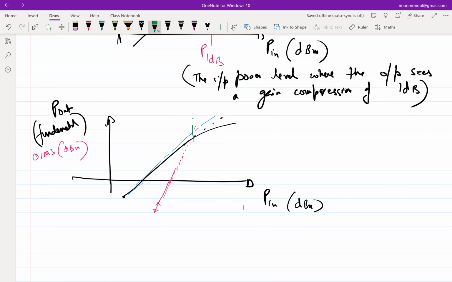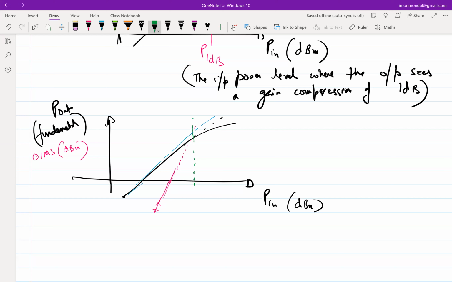Let's say they meet at this point, some extrapolated value of P in. Now, does this intercept give any information as to how linear your network is?